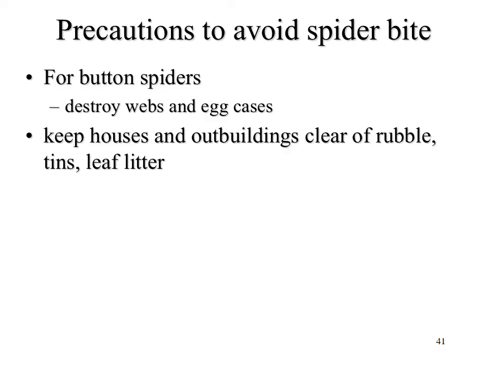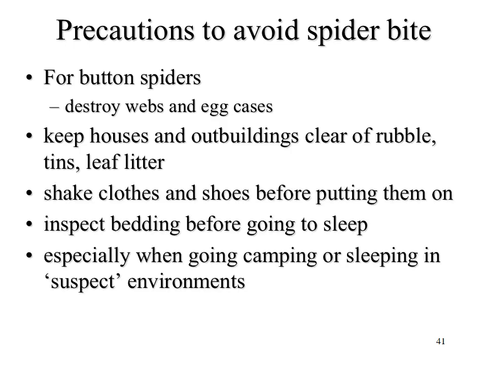Generally for button spiders, it's a good idea to keep your houses clear of rubble, as well as your outbuildings clear of tins and leaf litter, because the brown widow spiders do have webs which are close to the homes. And if you do get some webs with egg cases or egg sacs, it might be a good idea just to destroy those webs and egg cases.